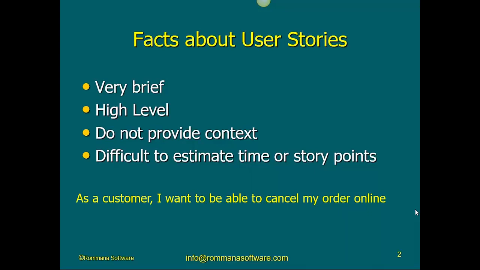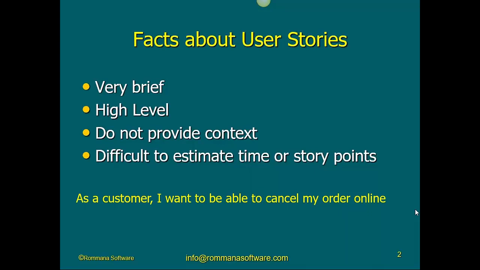So this user story, as you can see, is very brief and high level, and it does provide context because it is the highest level. The context here is someone wants to cancel orders online.